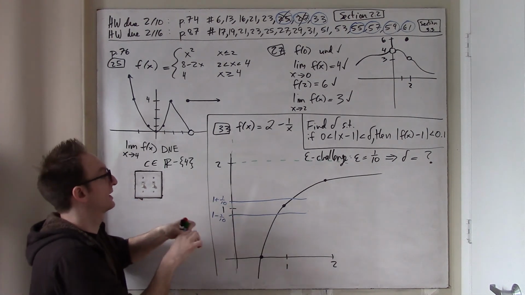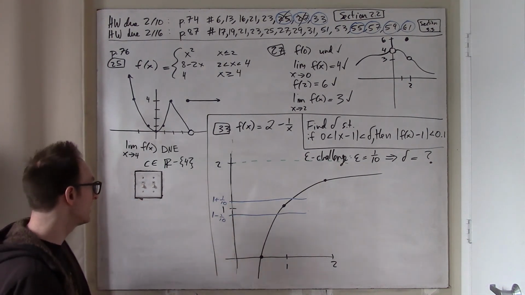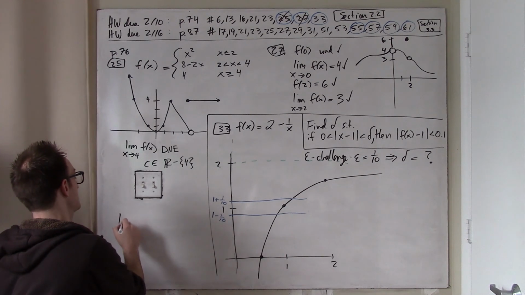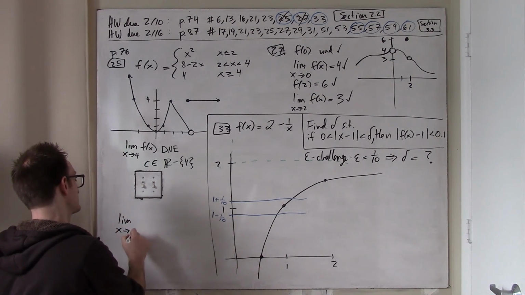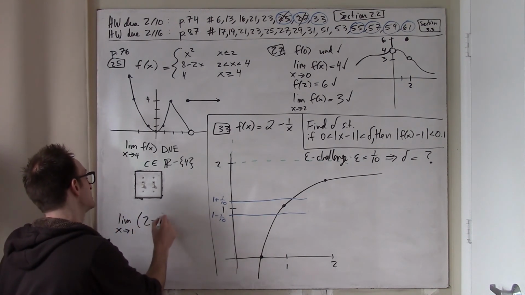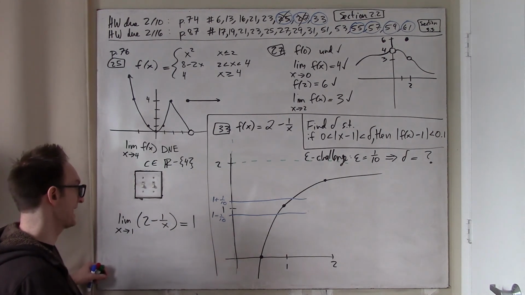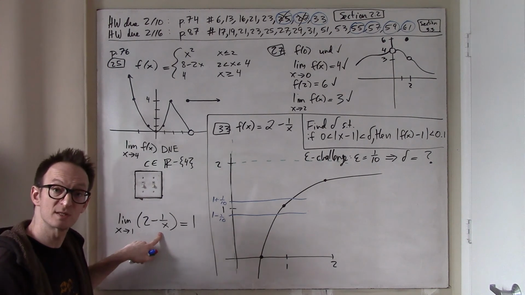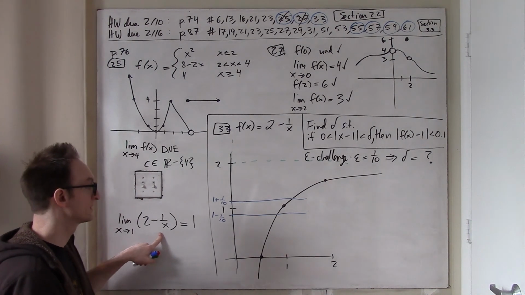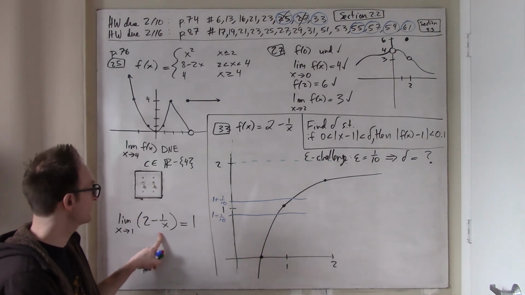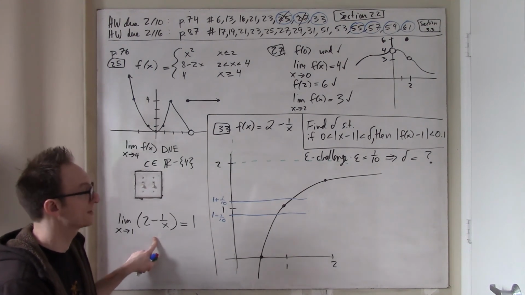And so what's really going on here is we are taking the limit as x approaches 1 of this function 2 minus 1 over x. And of course the answer is 1, we would like to say, but to back up this assertion, we will accept any epsilon challenge and we'll find a delta response.